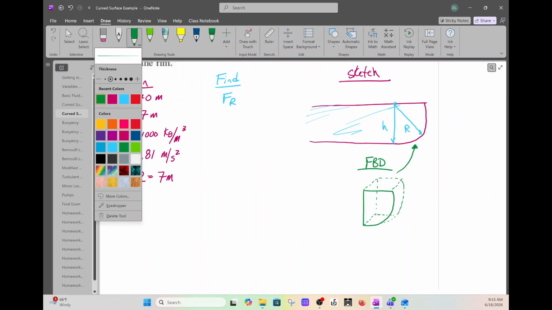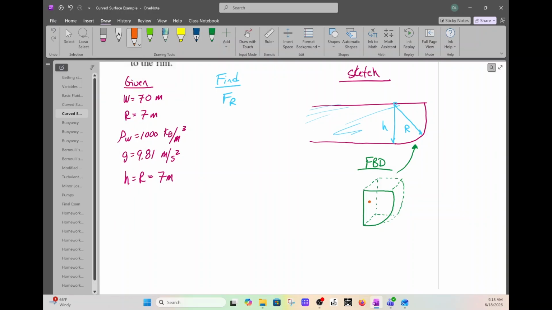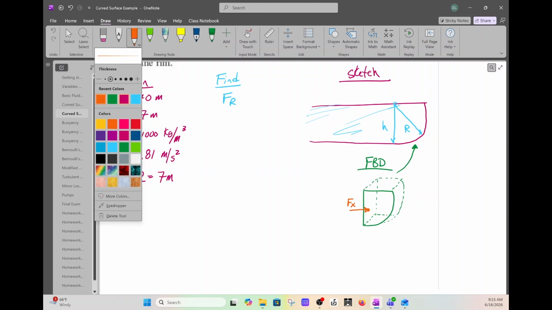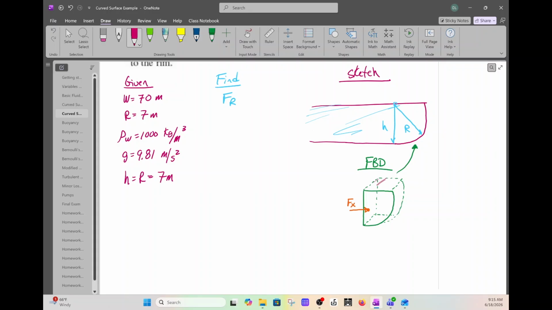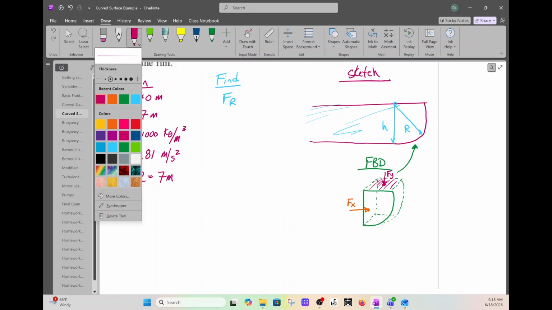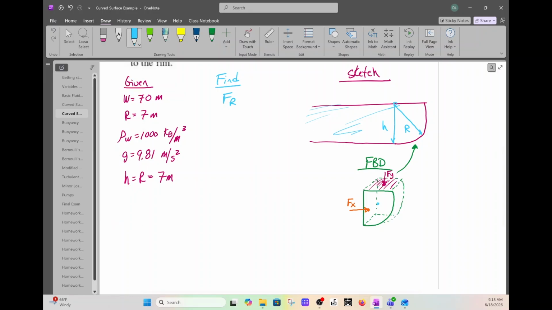All right. So what we're going to have is right here, actually that acts a little farther down, right? Because it's 2/3. This is Fx. This top surface, which I'll make a light red, is Fy. We have the weight of that.